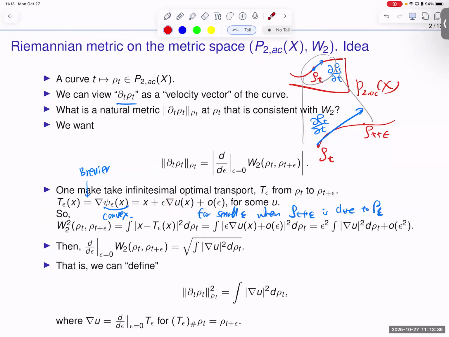The identity mapping is a gradient of x squared over 2, so their difference should be given by gradient of some function.